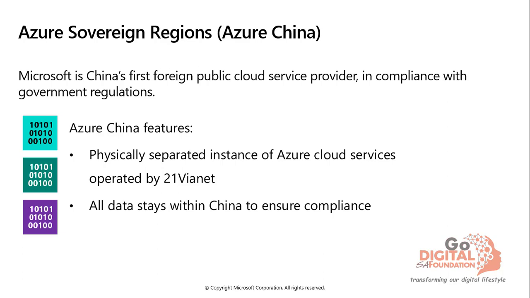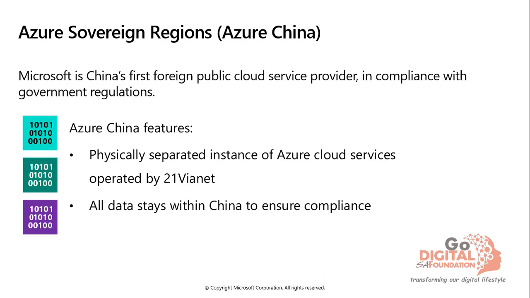Okay, and then we have also China that decided to have its own. So Azure sovereign regions, just like Azure China, Microsoft is China's first foreign public cloud service provider in compliance with government regulations. So Azure China features physically separated instance of Azure cloud services operated by 21Vianet, and all data stays within China to ensure compliance.